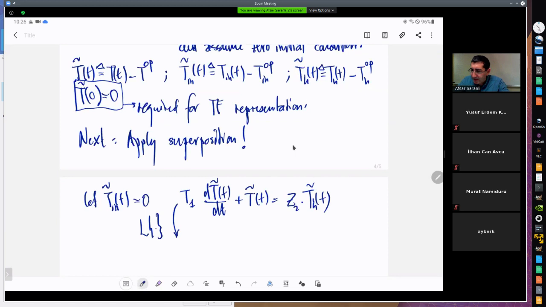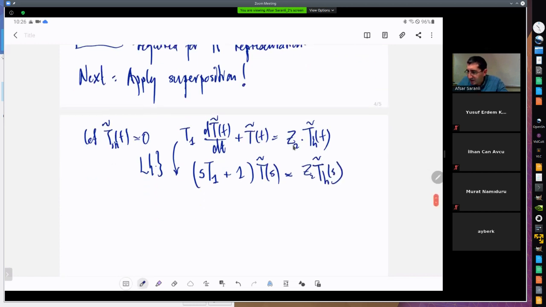So I'm going to have s times T1 plus 1 times T tilde of s equal to z2 T H tilde of s. That's going to give me a first transfer function H1 of s, equal to our output variable T tilde of s divided by the first input, the heater temperature, and that's equal to z2 over s T1 plus 1.